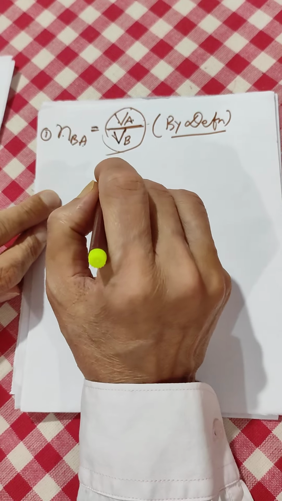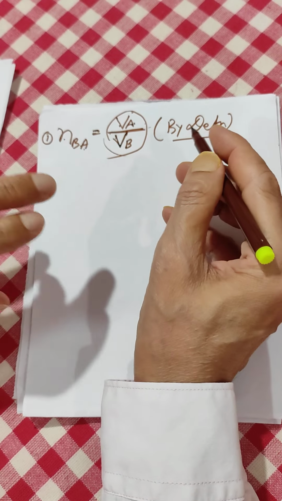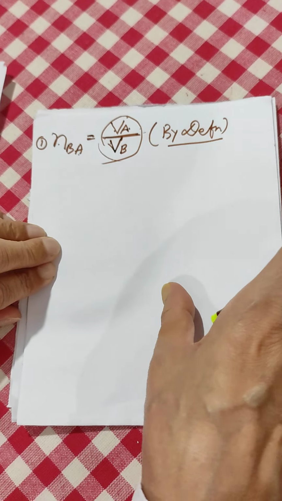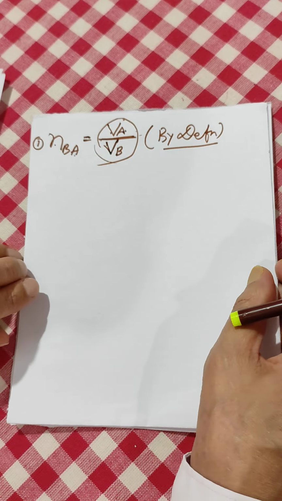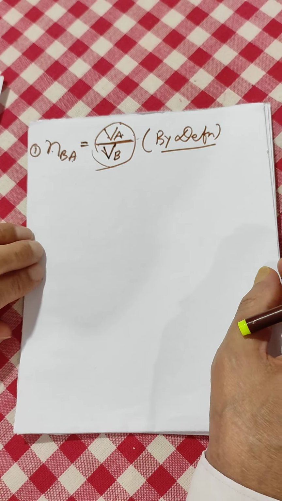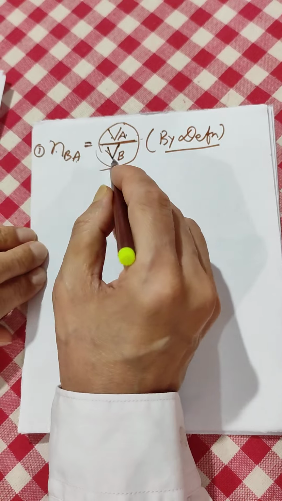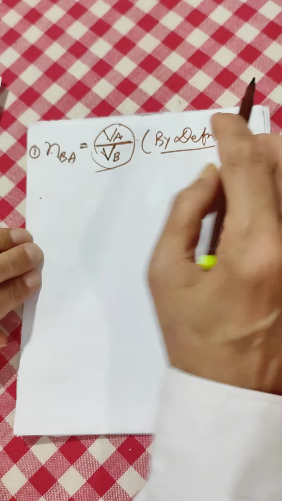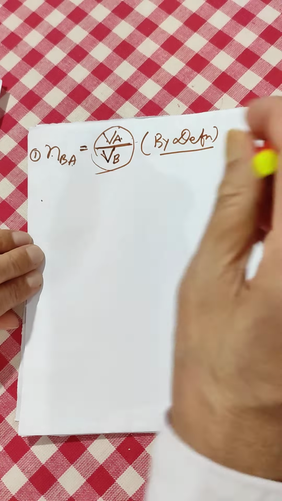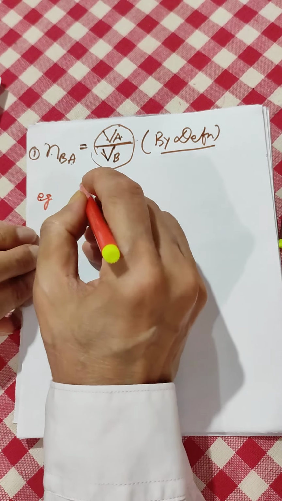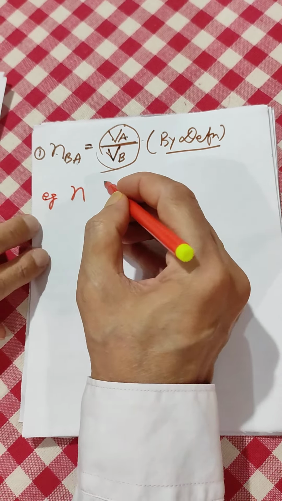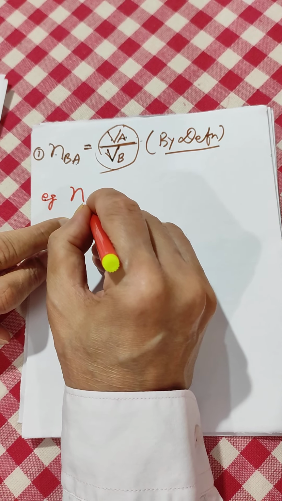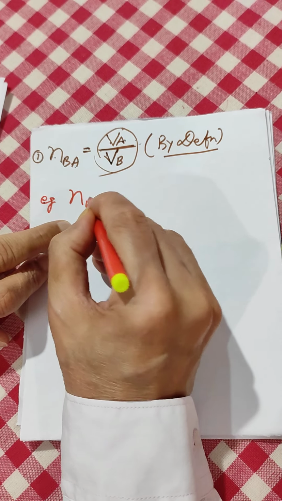Now since this is a ratio, refractive index has no unit. Refractive index has no unit because it is a ratio. All right. So this is the first formula, you can say. Now actually how, for example, let us say this one, refractive index of suppose water with respect to air.